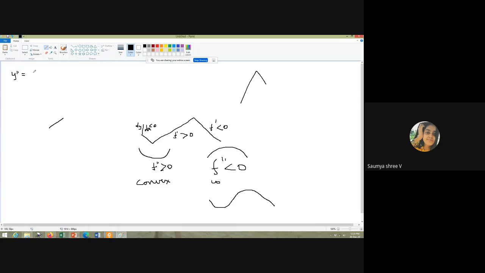Wait, first I have to write it. Minus 4x plus 20. It's not that easy for me with a mouse. Initially, see, 0, 1, 2, it is going to be positive.